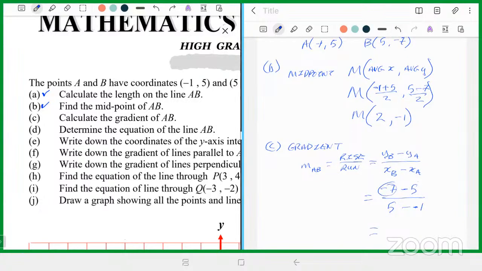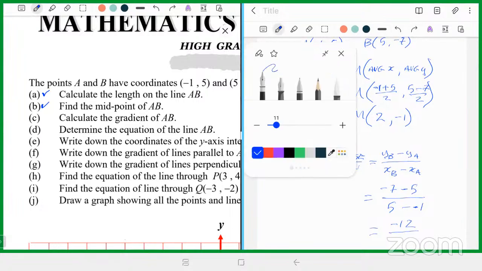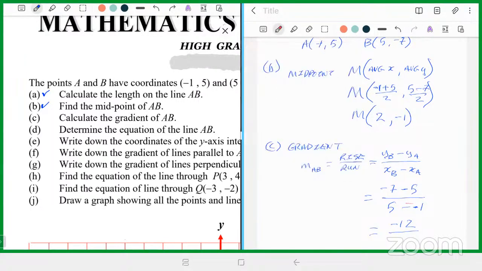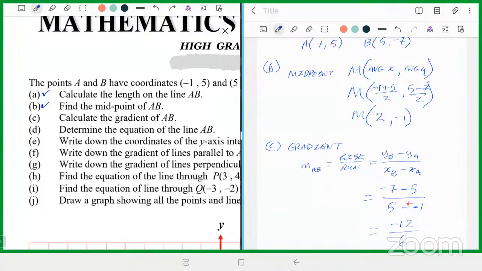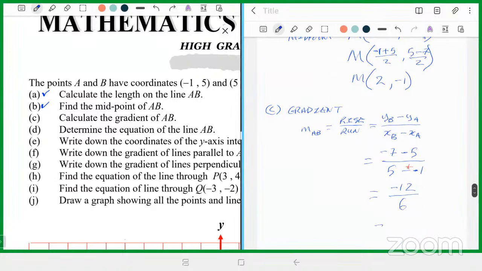And so negative 7 and negative 5 is negative 12. This is a plus. I'll put a small plus there. Minus is a plus right here. So that is like 5 plus 1, which is a 6. So divided by 6. So negative 12 divided by 6 is just negative 2. So the gradient of the line AB is negative 2. Simple as that. And then now we have completed part C.